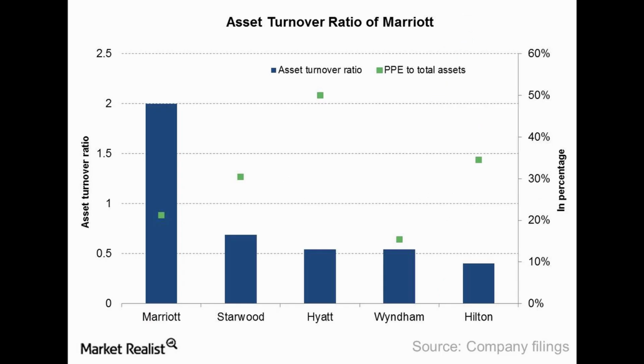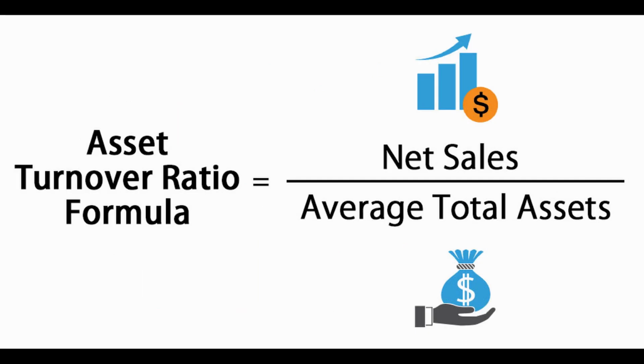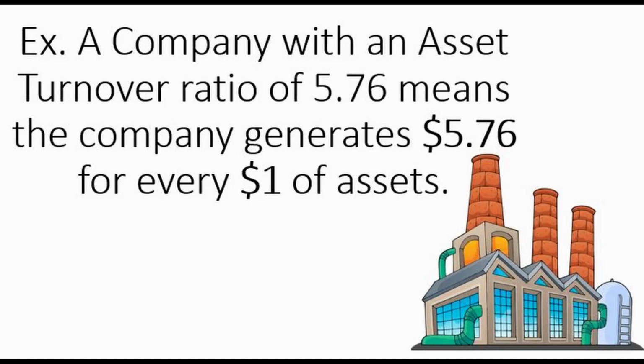The asset turnover ratio measures the efficiency of a company's assets to generate revenue or sales. It compares the dollar amount of sales or revenue to its total assets.